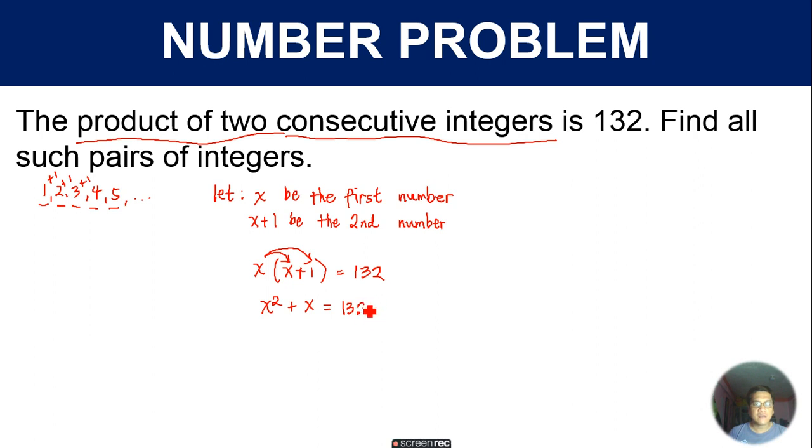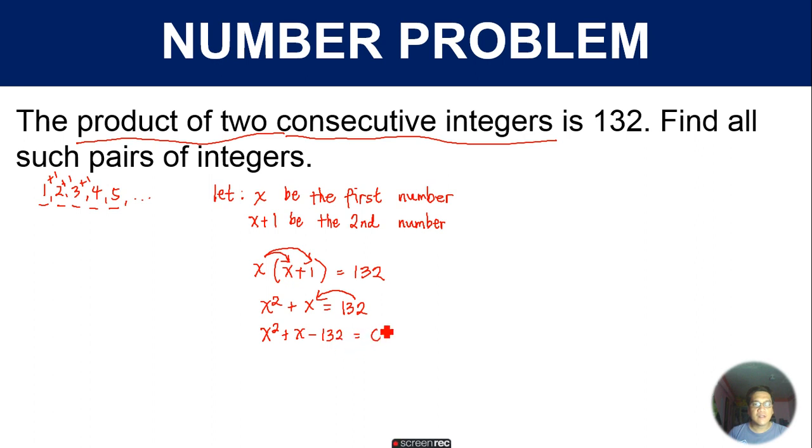The next thing that we're going to do is to transpose 132 to the other side. So that will become x squared plus x minus 132 is equal to 0. Alright, so we already have this, and we know for a fact that this is factorable.